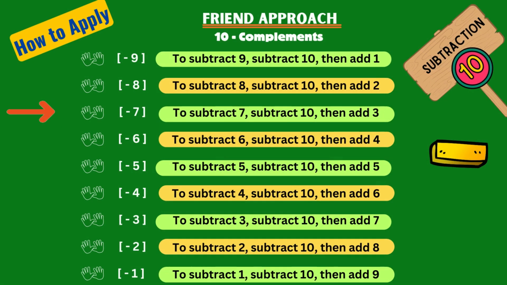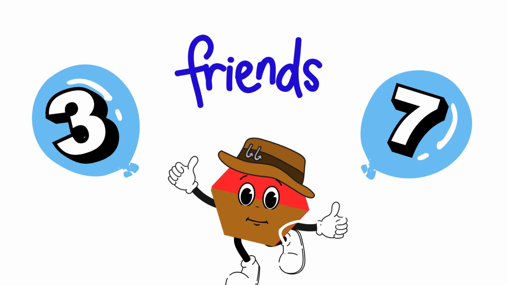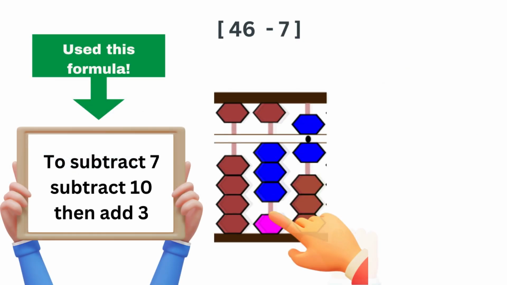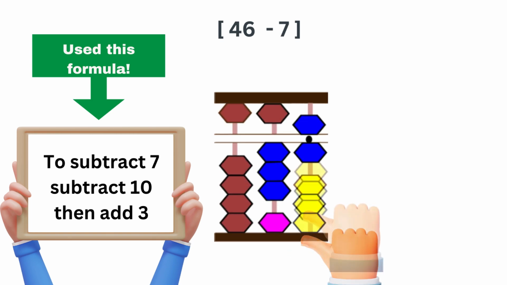The formula for subtraction here is, to subtract 7, we subtract 10 and then add 3. Remember, 3 and 7 are friends. In the tens column, we subtract 10, then add 3 in the ones column.